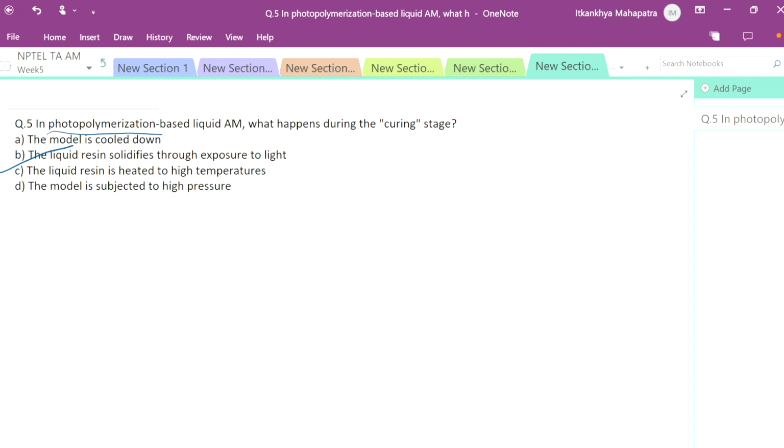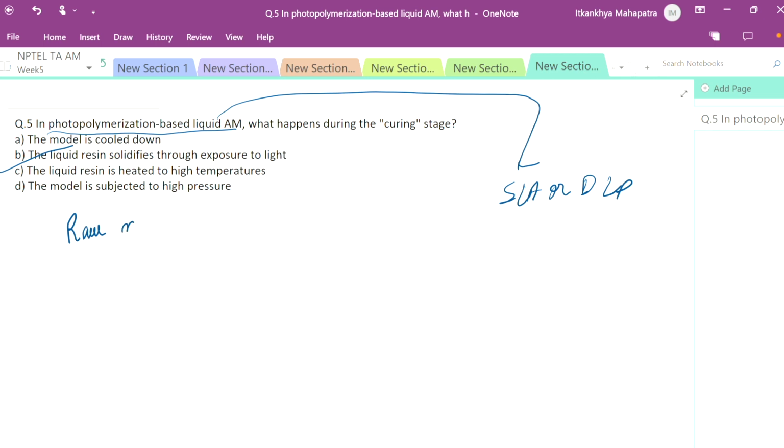So in this photopolymerization based 3D printing, the raw material is the liquid resin.